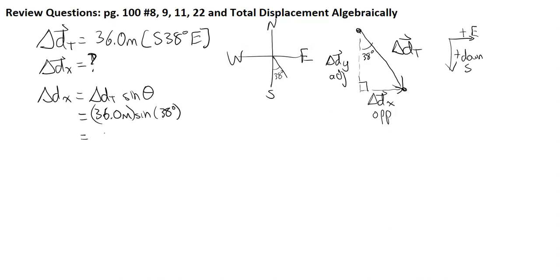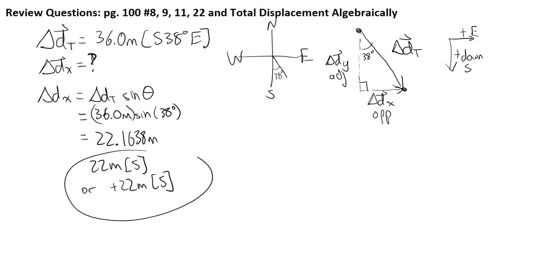And we get a final answer of 22.1638 meters. We're keeping a few significant digits. However, this answer is 2 sig dig, so we would say it's 22 meters. And based on our diagram, we could say it's 22 meters south. So that's the final answer.